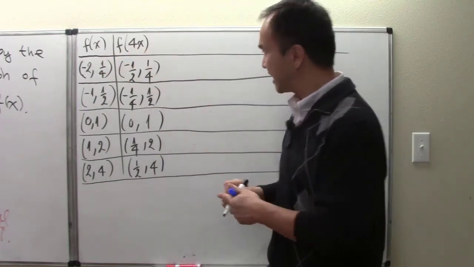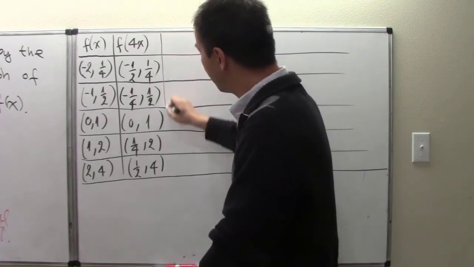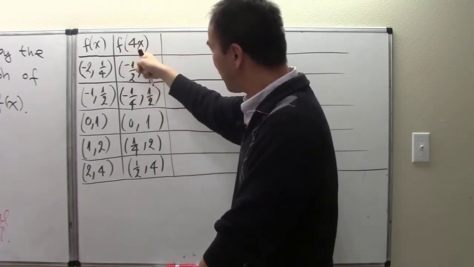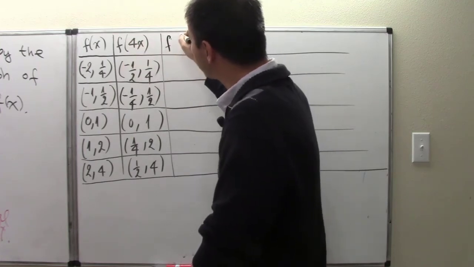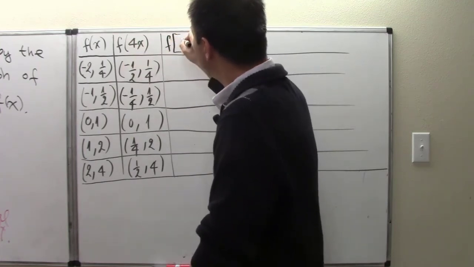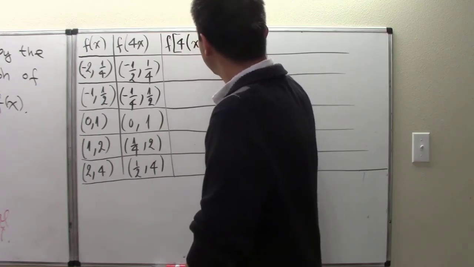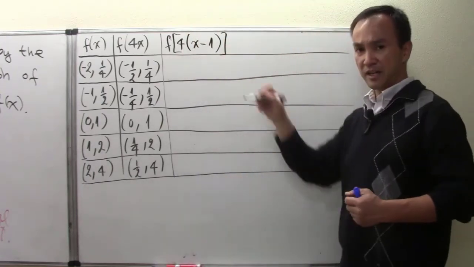Now we're getting ready for the next step. The next step we're transforming from f of 4x to f of 4 times x minus 1, in parentheses.